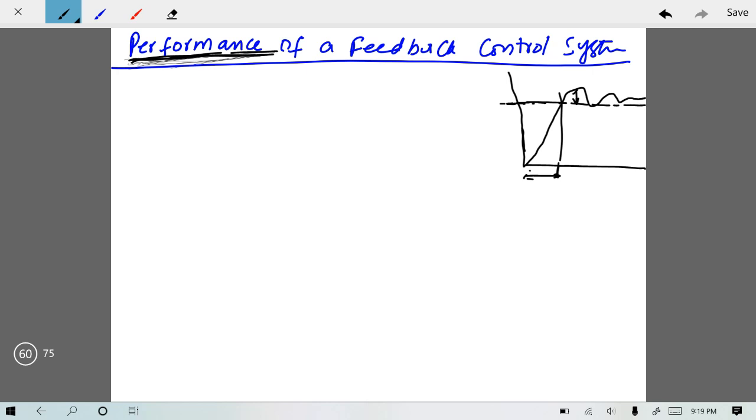So these are hints that I gave you about the performance of the system, and which parameters we should see to measure the performance of a system.